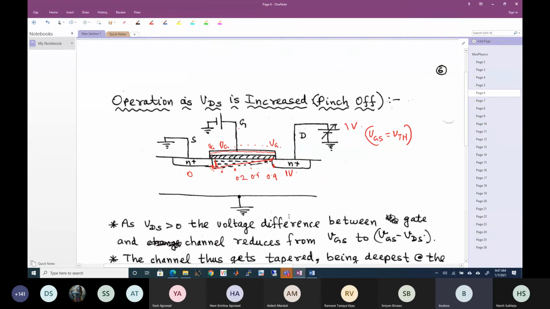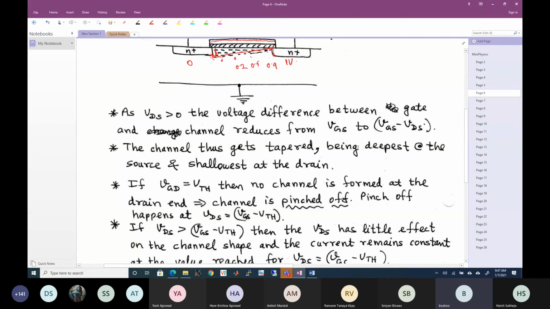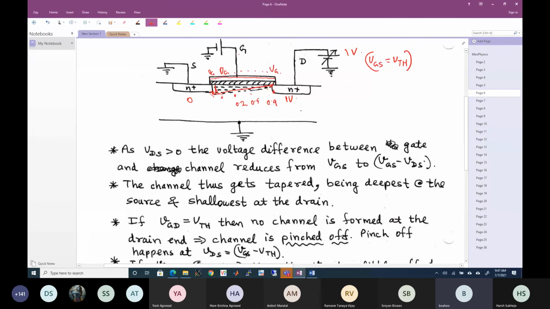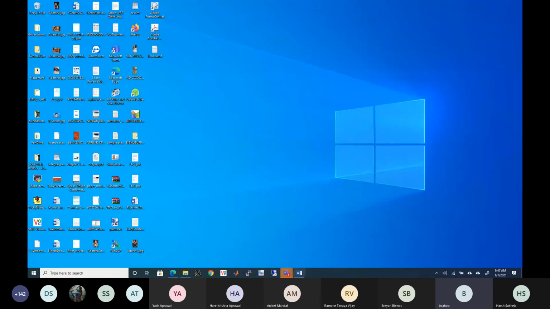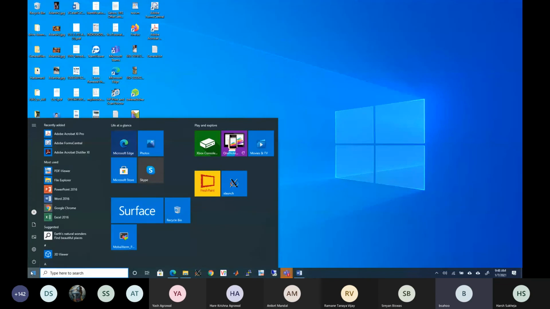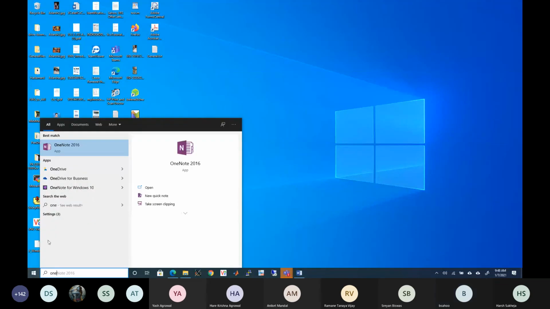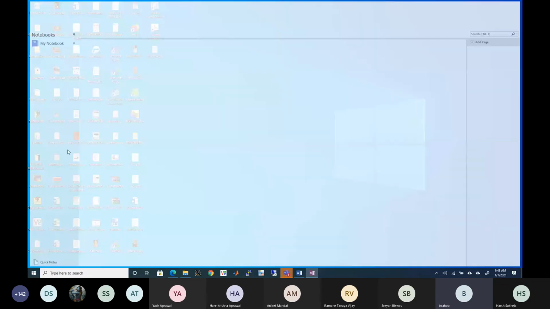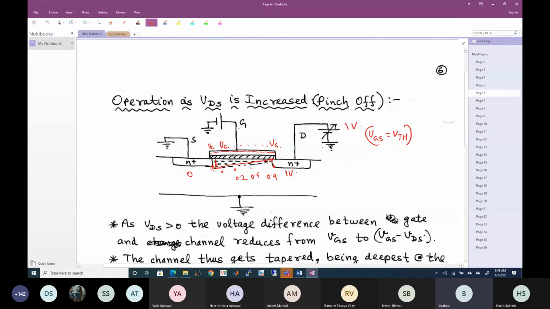So the channel there gets tapered, being deepest at the source and shallowest at the drain. Keep in mind, if the gate voltage minus the drain voltage, VGD, equals the threshold voltage, there will be barely any charge.